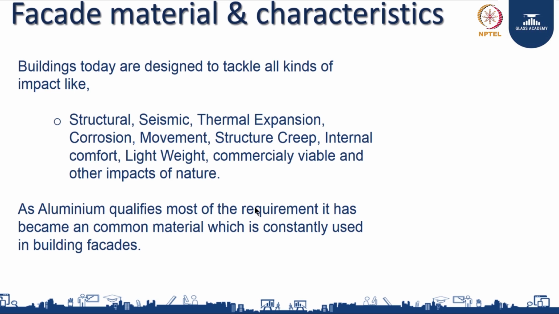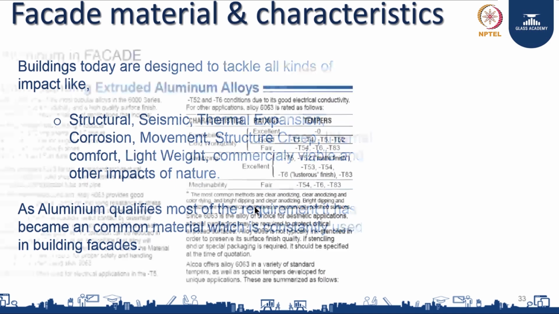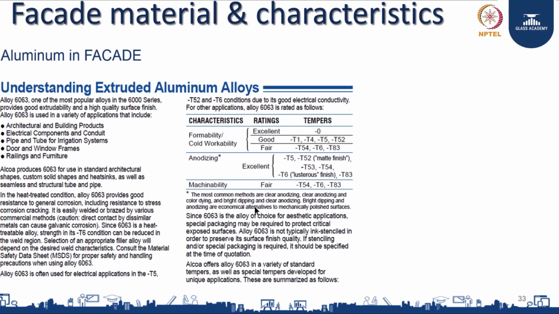So aluminum became a cost effective solution for people to consider as a facade element because of its nature. It is excellent, it does not corrode, and it is strong. If you even look at aircraft, they use a lot of aluminum. So aluminum plays a major role in designing.